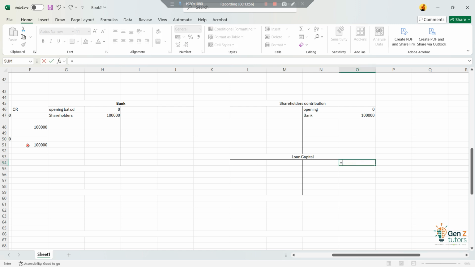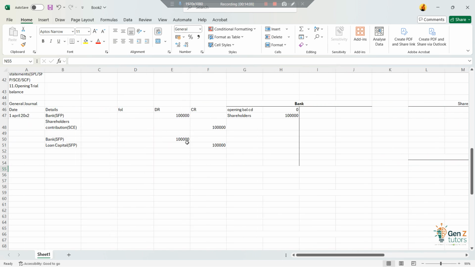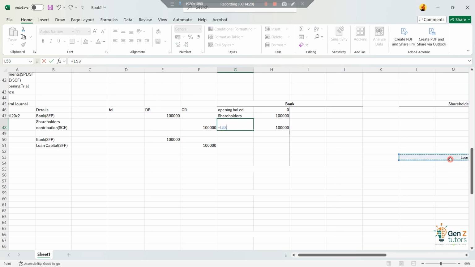We have loan capital over here. Then by having loan capital, what else do we have? Let's just prepare this quickly.